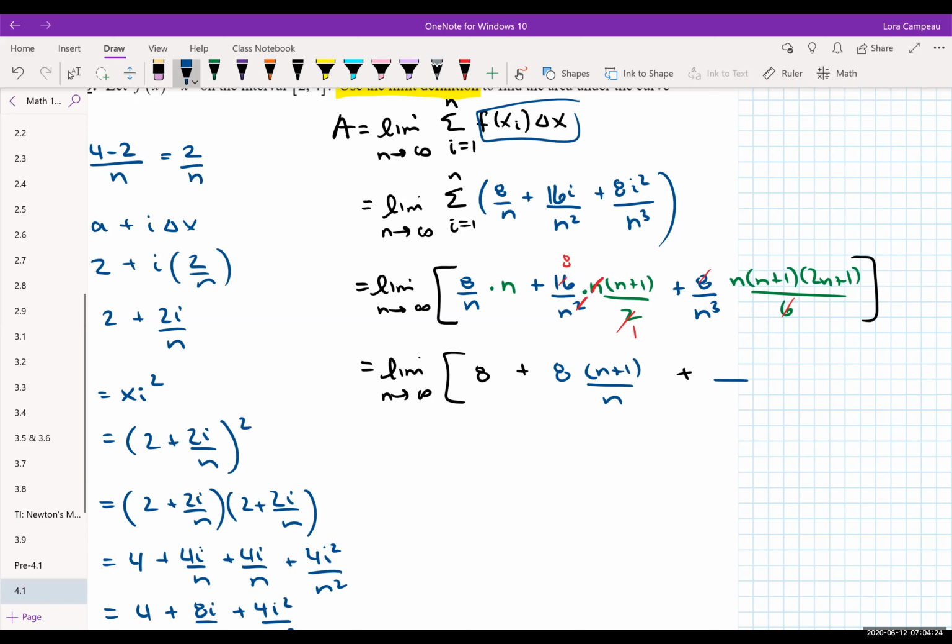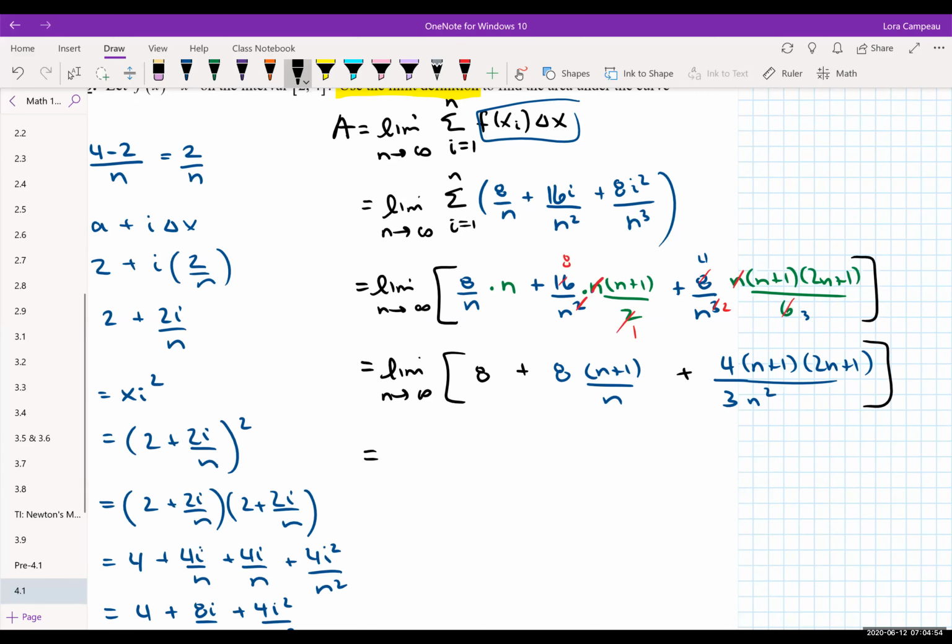Okay, so 2 goes into 6 3 times. 2 goes into 8 4 times. See the fractions that end up getting us confused. One of these n's canceled out with one of these n's. So I should end up with n plus 1 times 2n plus 1, still all over, there's an n squared happening.